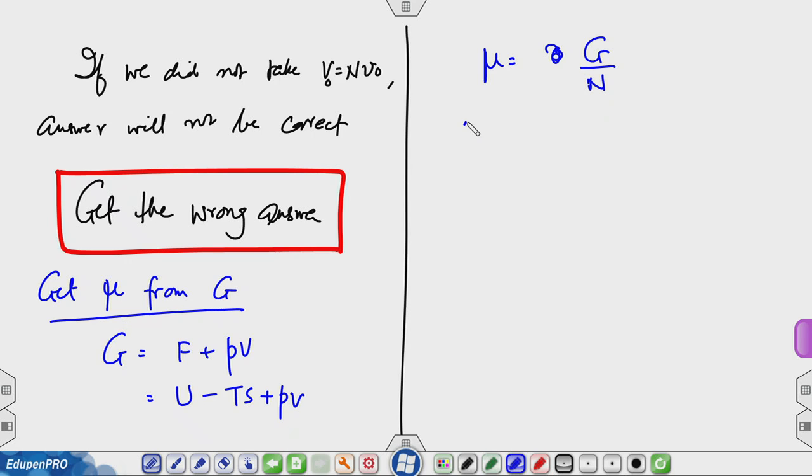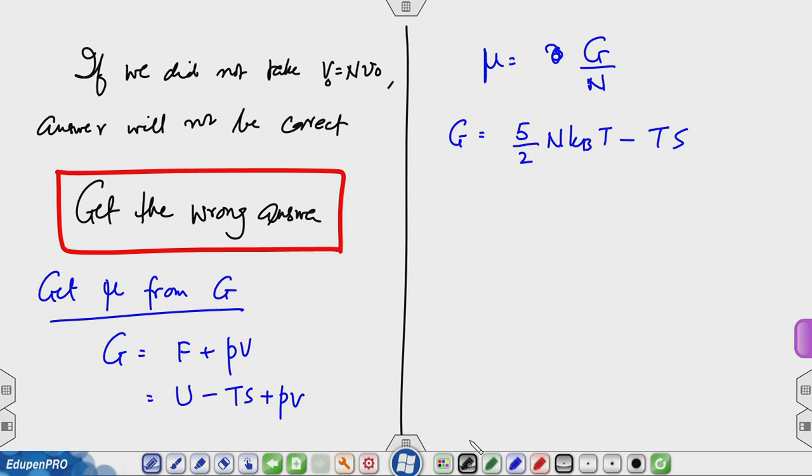So G actually comes out to be, you plug in the numbers, because of that PV, 5/2 N kBT minus TS. And you do the calculation, you get the same answer as earlier.